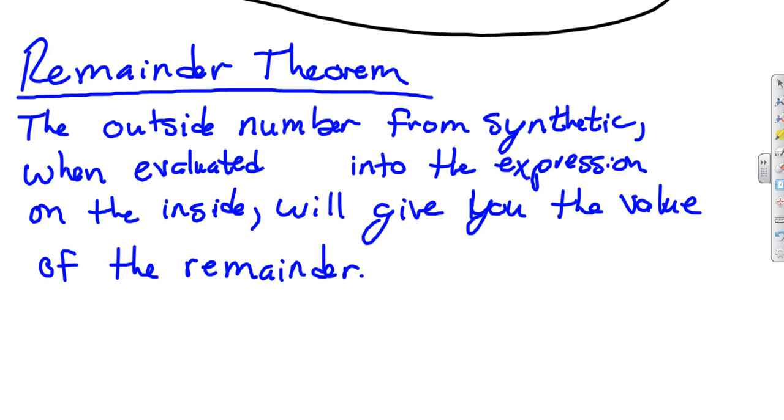Now, again, this is just a check that you can do, because there's going to be something, and we'll get to this in the next part of it. Sometimes, if you know what the remainder is, that tells you, in the next couple of sections coming up, that if the remainder is 0, that's something we want. Because if the remainder is 0, that tells you that the number you're dividing by is a factor or a solution of the expression that you're working on.